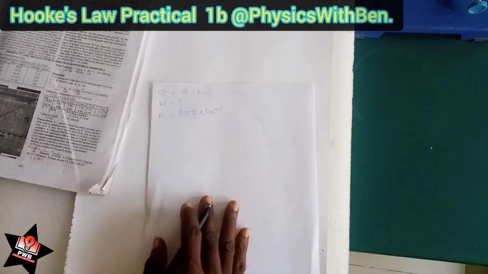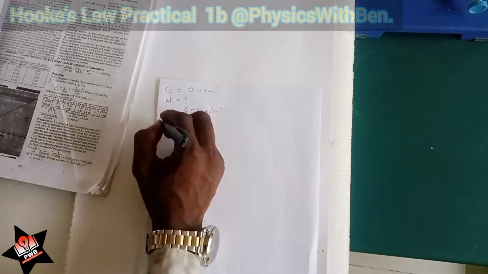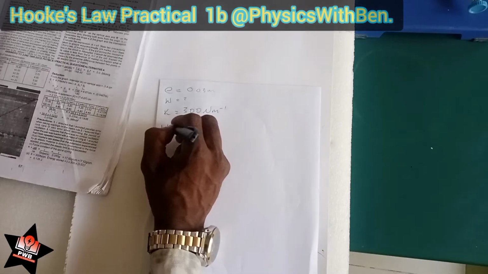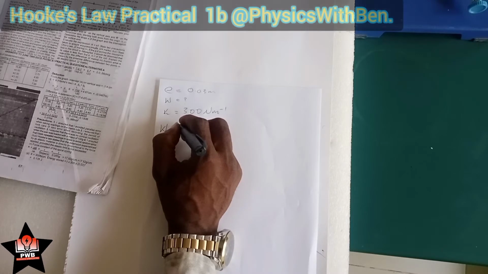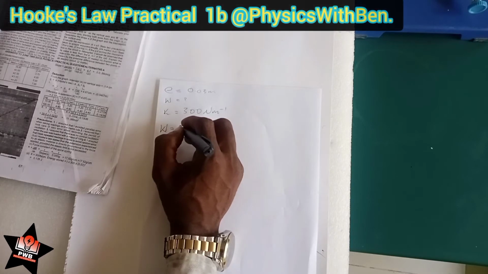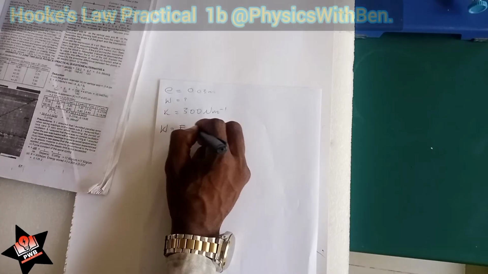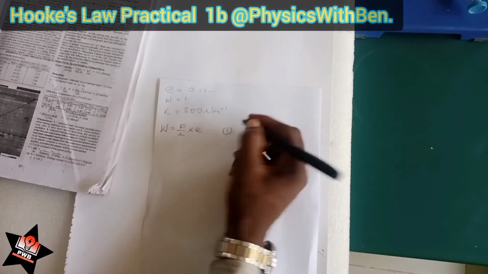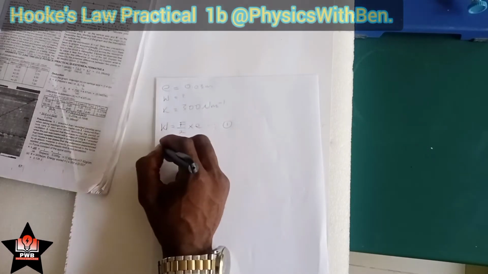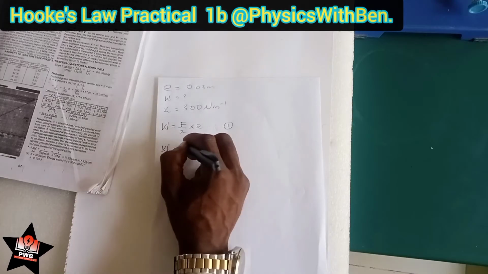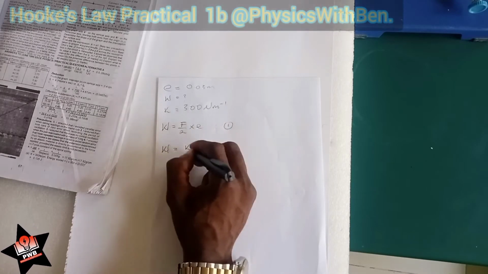That is 2 marks. So we have the available equations. W is equal to average force times extension, and that is F all over 2 times extension. We call it equation 1. We can't use this because force is not given. So we'll have the other one. W is equal to KE squared all over 2.